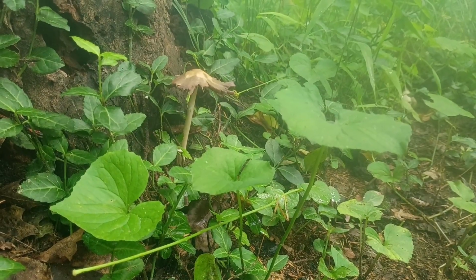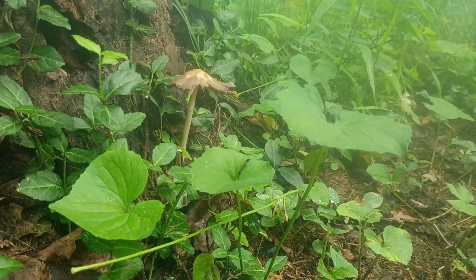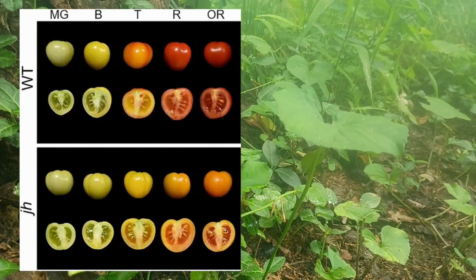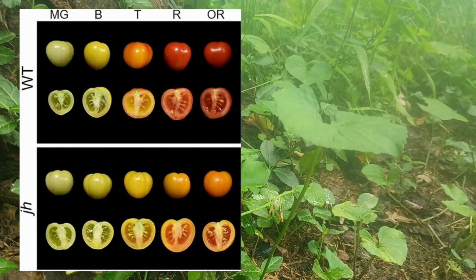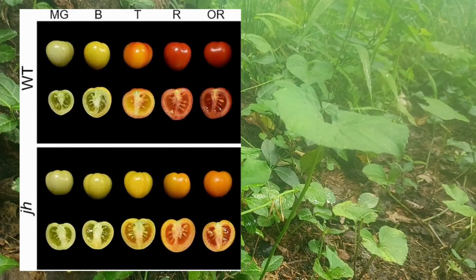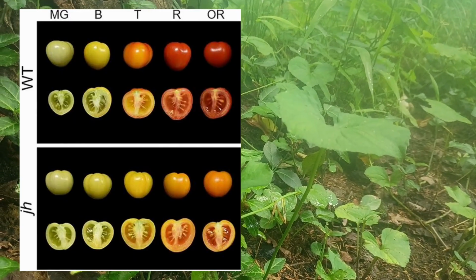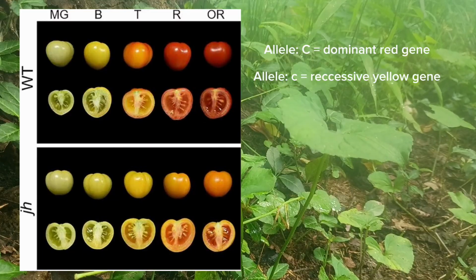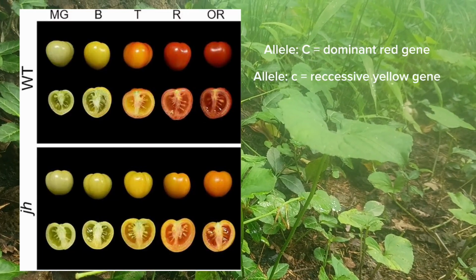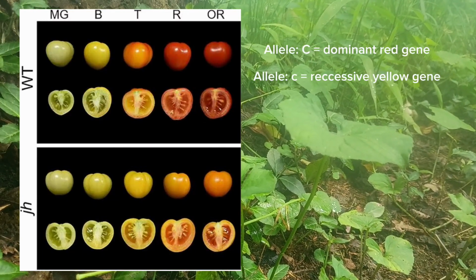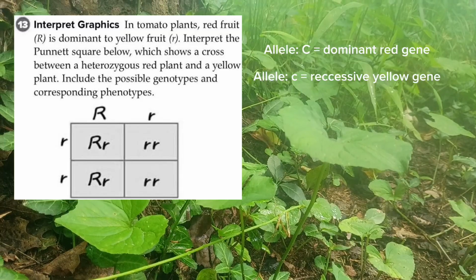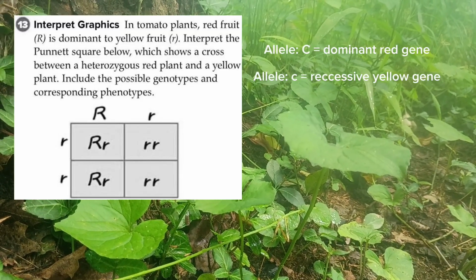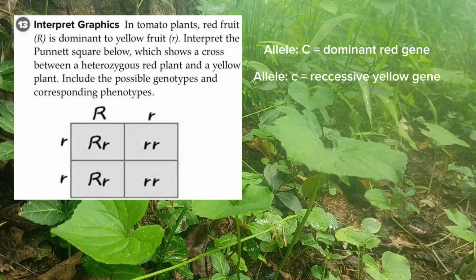Now, you're probably wondering how to make sense of all this, so let's start with an easy example. We have a tomato, and inside that tomato there are different genetics that determine what color it's going to be. Let's say there are two different alleles. There's allele C, which is a dominant red gene, and then there's a recessive allele, which might make it a yellow color. Most of those tomatoes are going to turn out red, and a small amount of them would turn out yellow.